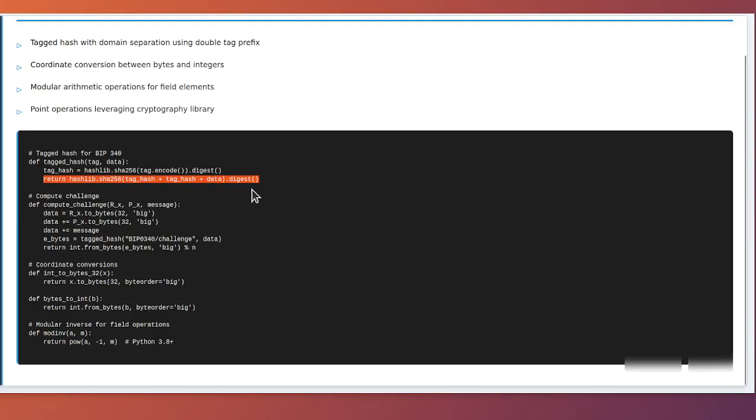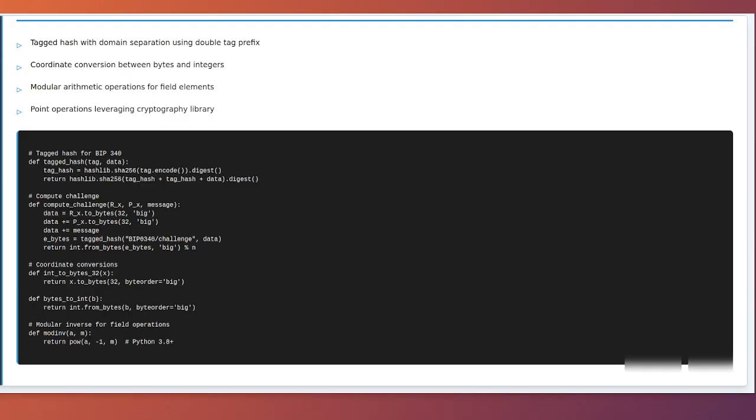Another crucial helper is the point lifting function that recovers a full elliptic curve point from just an X coordinate. This function computes y squared equals x cubed plus 7 modulo p, then computes the modular square root to find y. For the SECP-256K1 curve where p equals 3 modulo 4, we can compute the square root using the formula y equals y squared raised to the power of (p plus 1) divided by 4, all modulo p.